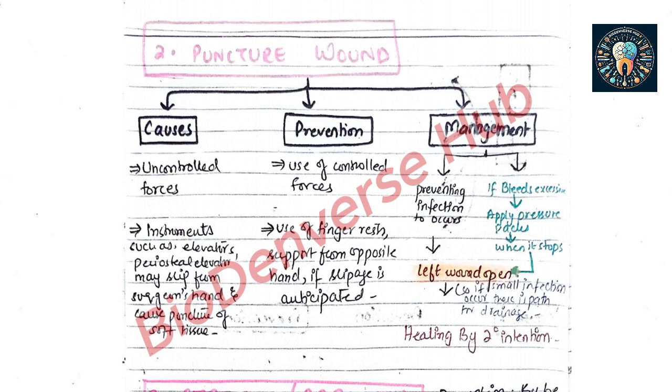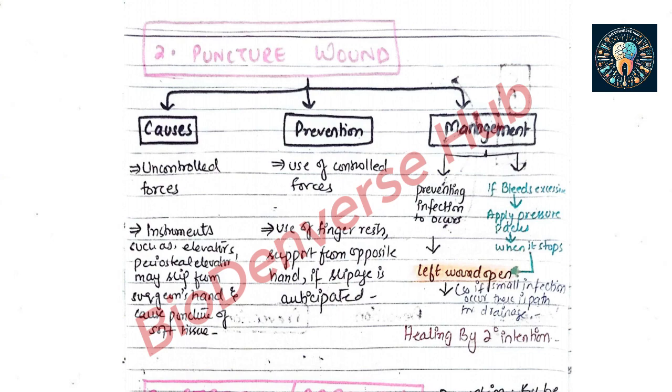If there is excessive bleeding, you need to apply pressure packs over it until the bleeding stops. And when the bleeding stops, you need to leave that wound open, because if there is a small infection, this open space will act as a drainage path for the wound. And usually healing occurs by secondary intention in that case.